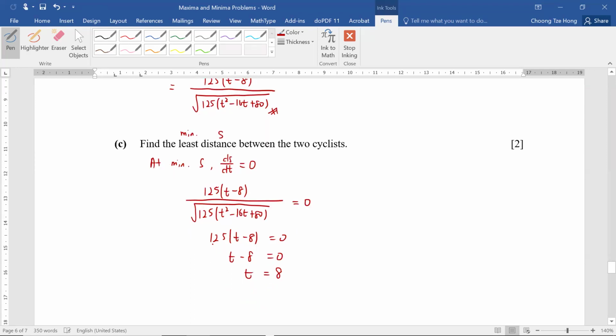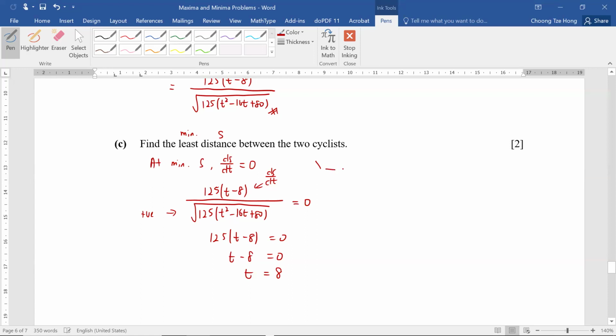For 2 marks, you don't have to prove that it's a minimum. Anyway, it's quite obvious if you use the first derivative test. The bottom is definitely positive, so we just need to test the top. If you start with a number smaller than 8, let's say 7.9, then 7.9 minus 8 is negative, so before the stationary point t equals 8 there is a negative gradient.